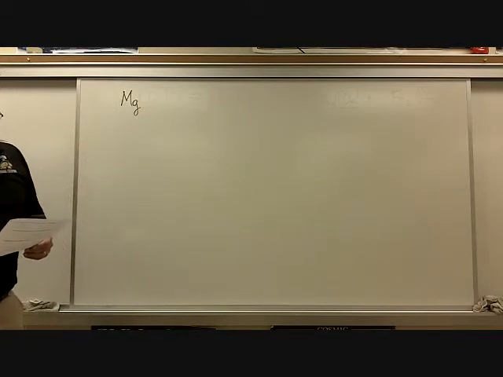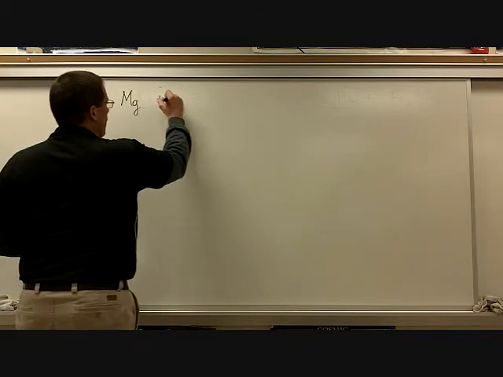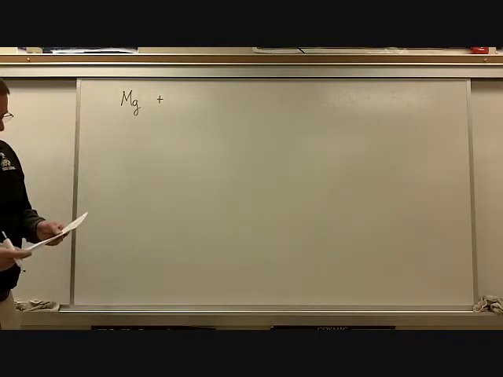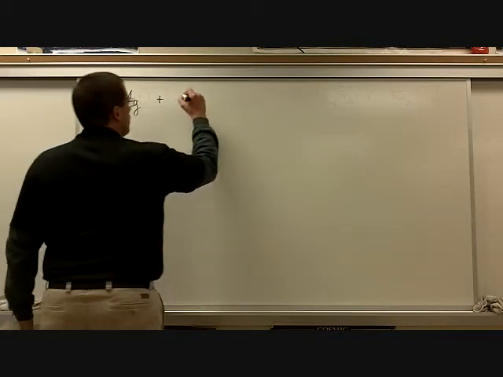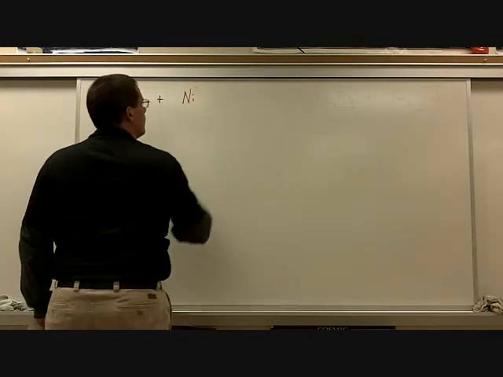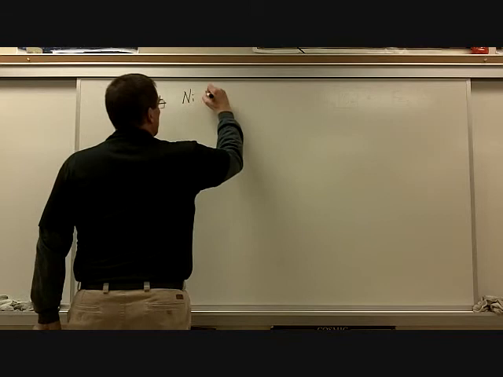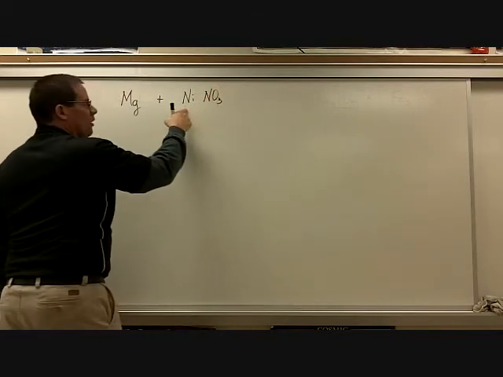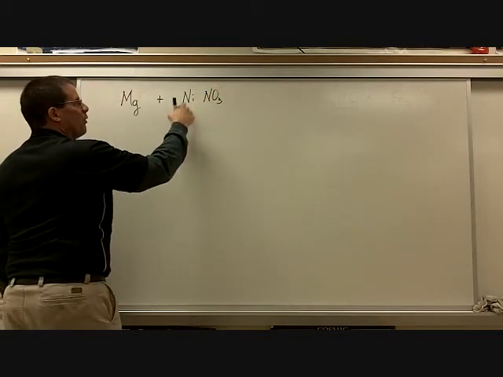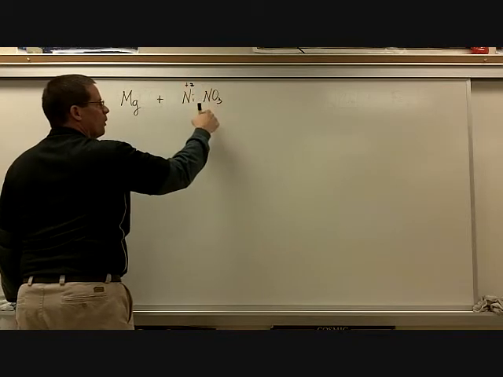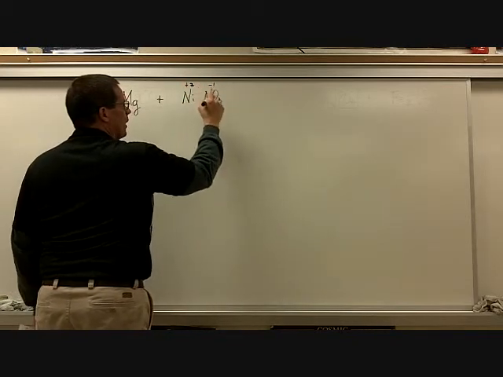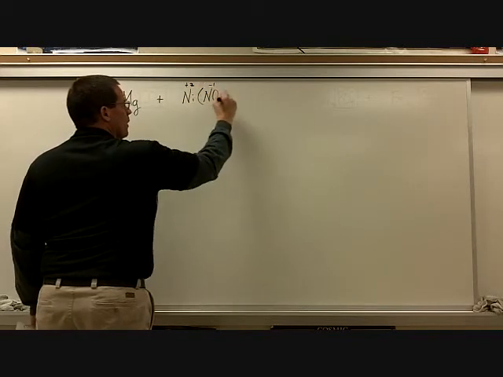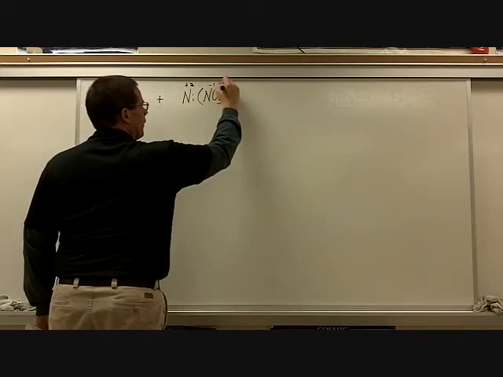Reacts with, that means plus, reacts with nickel(III) nitrate. How do I write that? Ni, good. NO3, nickel nitrate, okay? However, the nickel has what charge? Plus 3 because it has a Roman numeral 3. What's the charge on nitrate? -1, so that means I need what? Parentheses 3, right? Good.